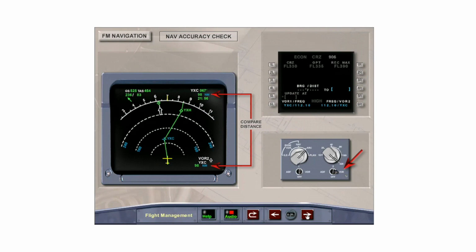Manually tune, if required, then display the same VOR DME with the EFIS control panel select switch and simply compare the distances. The nav accuracy can also be checked on the prog page by inserting into the bearing and distance field the same NavAid ident as the one tuned at line 6. Compare the raw data DME on the Nav Display to that in the bearing and distance field of the prog page.